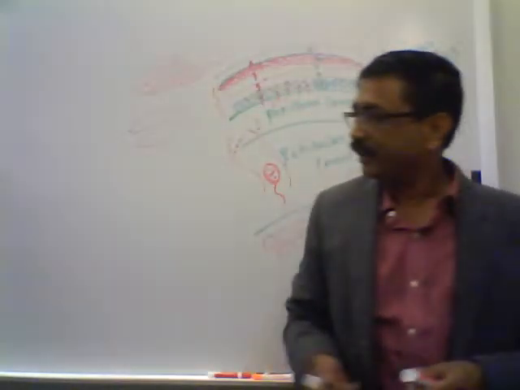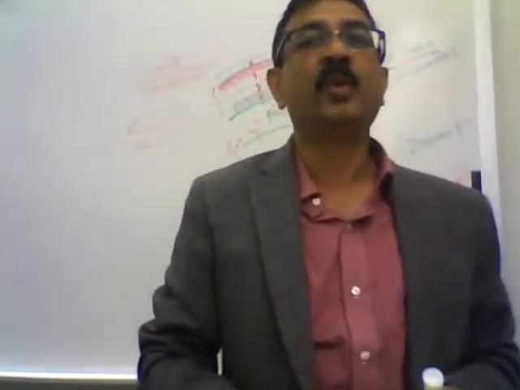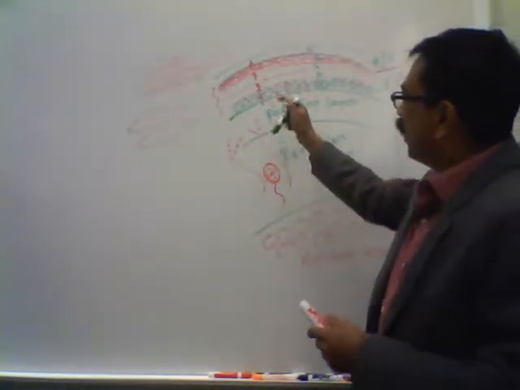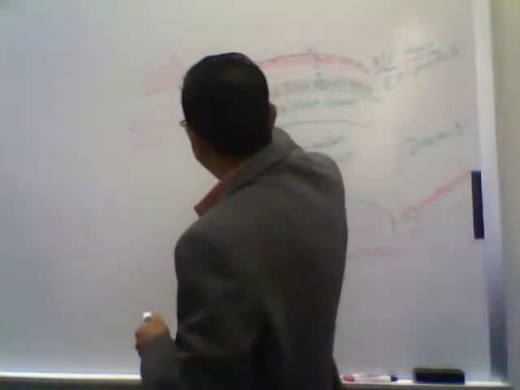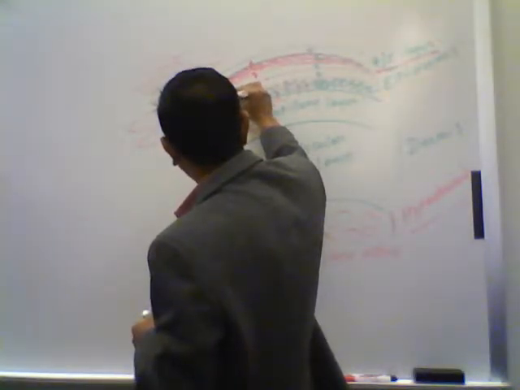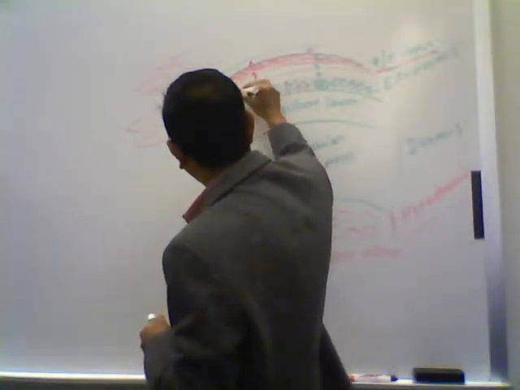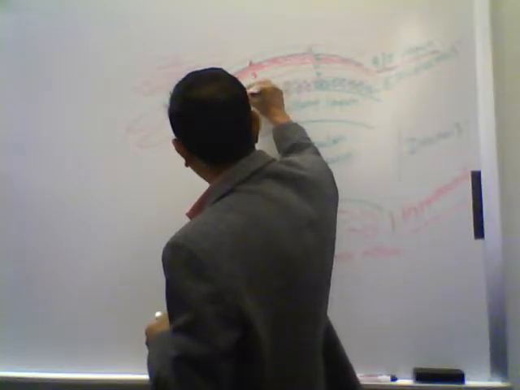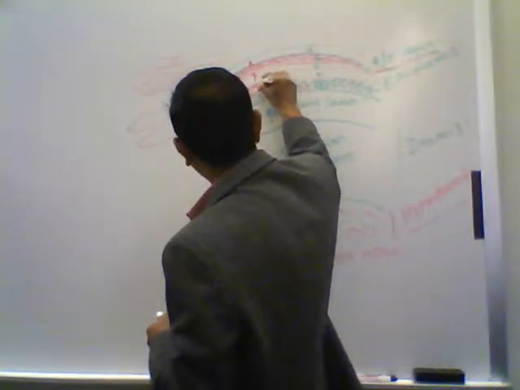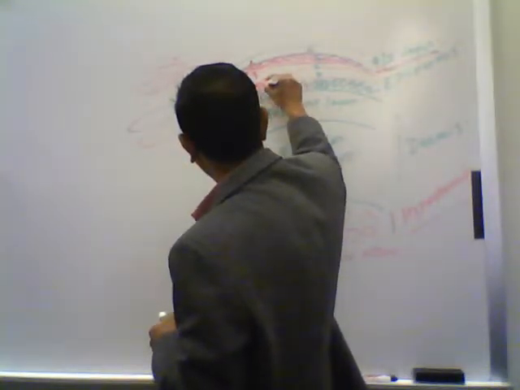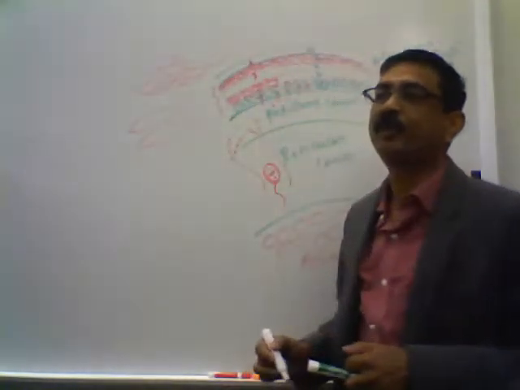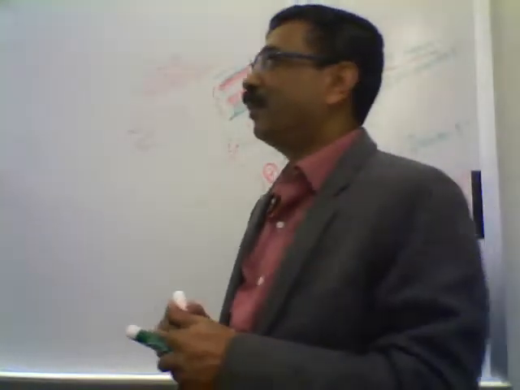Next layer is the stratum spinosum. Why is this layer called spinosum? If you see the cells in this layer, the cells have spines, spiky structures on the membrane. Okay, so that's why it's called spinosum, also called prickly layer.